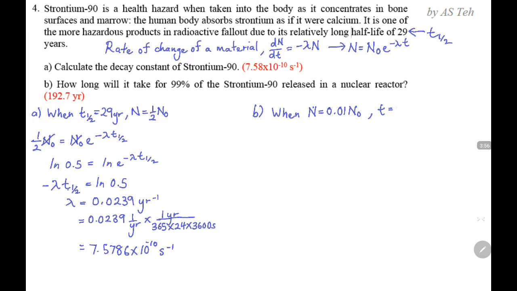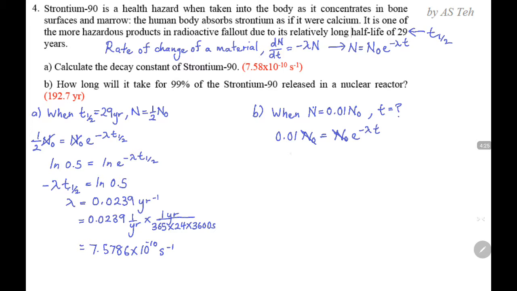What is the time? Okay, what we can do is again use the equation, but this time we know the decay constant lambda. So 0.01 N naught equals N naught e negative lambda t.